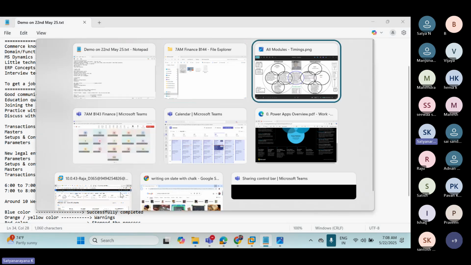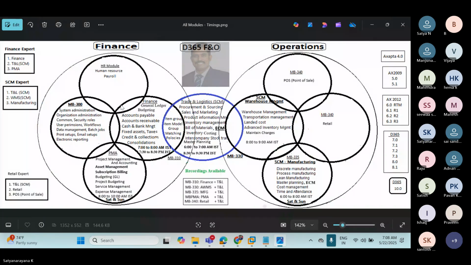So finance module means this. In this finance module, you are going to learn accounts payable, accounts receivable, cash and bank, fixed assets, budgeting, general ledger, taxes, credit and collections, consolidation. 9 sub-modules.